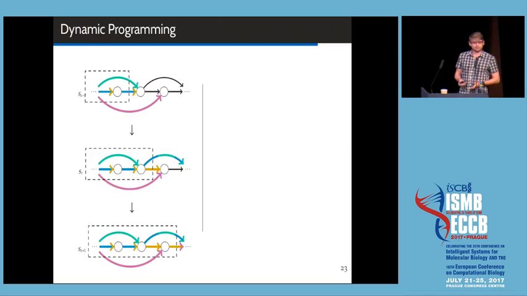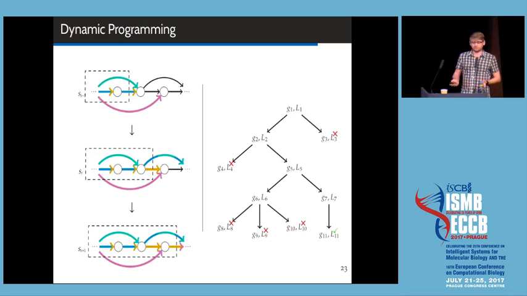And now we can solve this problem by dynamic programming. We go from left to right and build our linear system. And of course, we have to make choices sometimes. So there are multiple values to continue the flow, but we explore all of them in a search tree in the dynamic programming.